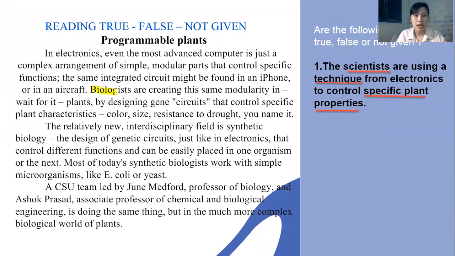Biologists are creating modularity for plants by designing genetic circuits that control specific plant characteristics: color, size, and resistance to drought, you name it.